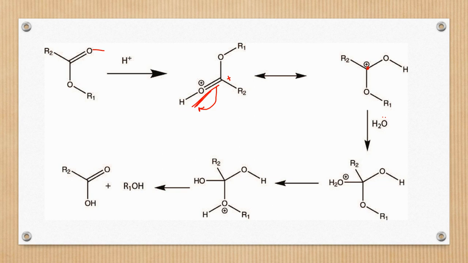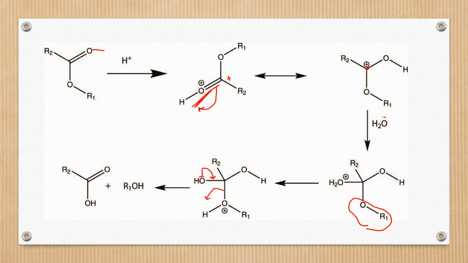If water attacks, this carbon is getting an OH, and here the hydrolysis takes place. This R1OH is going to leave out. So basically the lone pair of this OH will come down, and this will leave out.